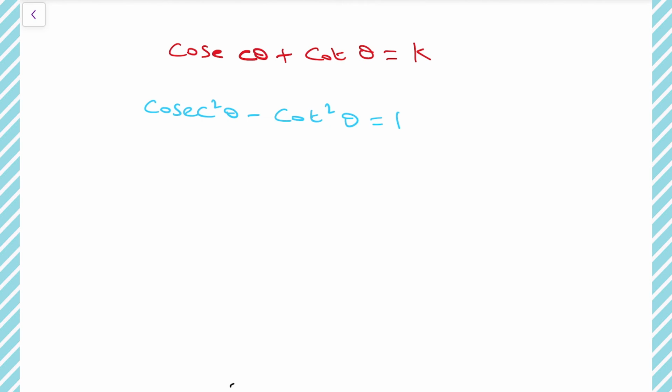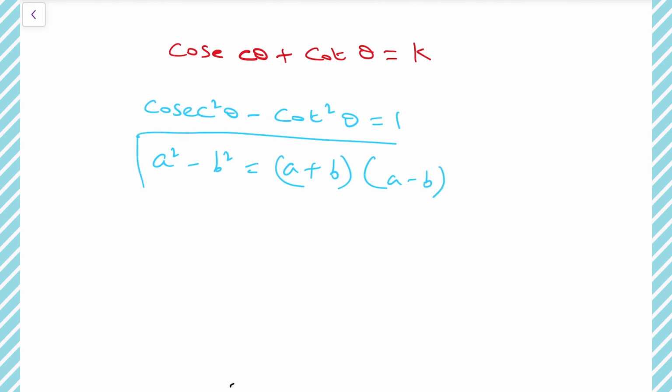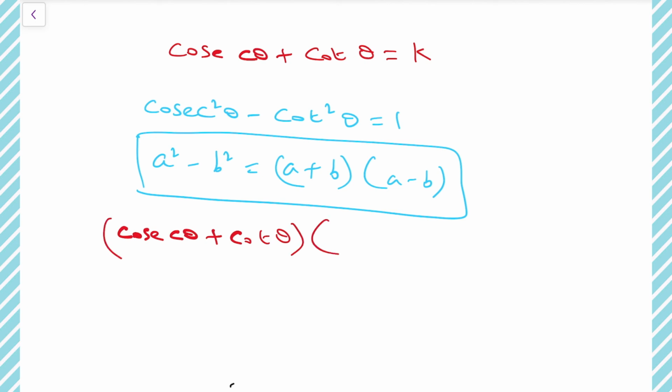Now this identity is in the form of a square minus b square. A square minus b square equals (a plus b) into (a minus b). The same way, this cosec square theta minus cot square theta can also be written as (cosec theta plus cot theta) into (cosec theta minus cot theta) equals 1 as usual.